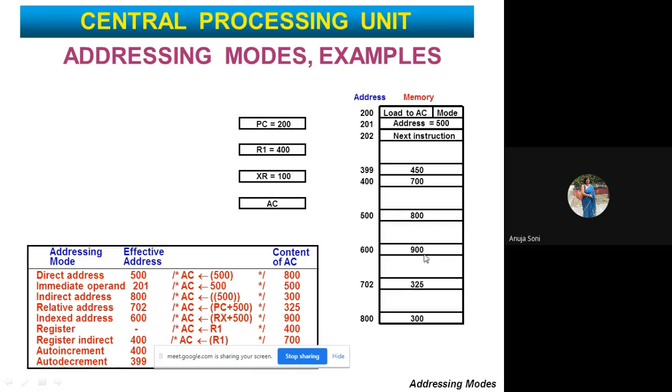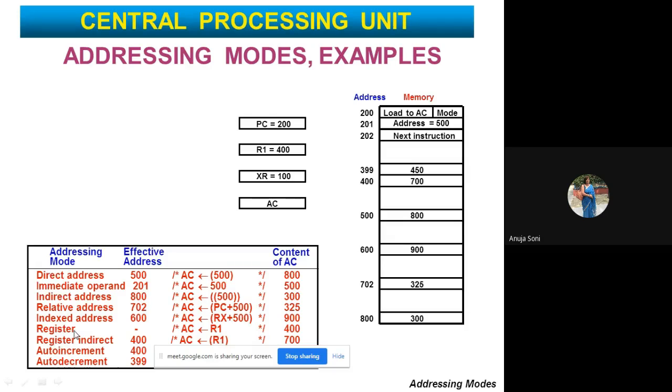This 900 ultimately will be loaded to AC as per the functionality of the given instruction. So this 900 will be loaded into AC, so the resultant value of AC becomes 900. You can see in this table that 900 has become the final value of AC, and 600 will work as the effective address.